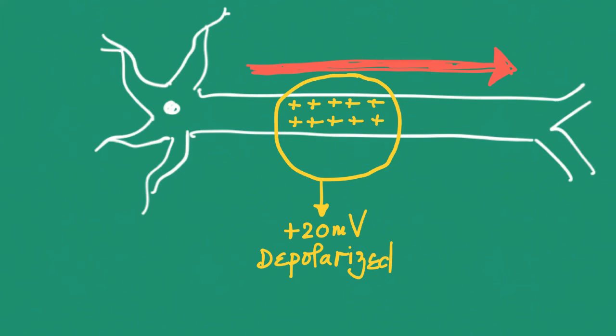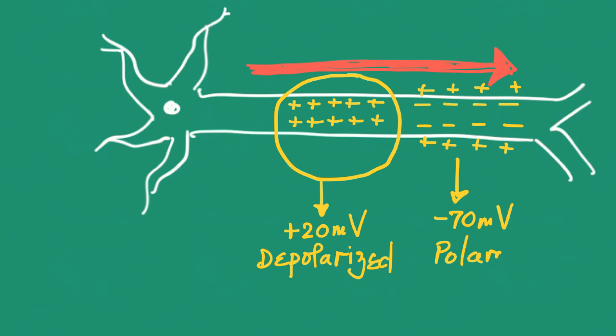As we move to the right, this area has not yet seen the action potential, and so it will be at rest: minus on the inside and plus on the outside. This voltage is going to be minus 70 millivolts, and we say that this part of the membrane is polarized.